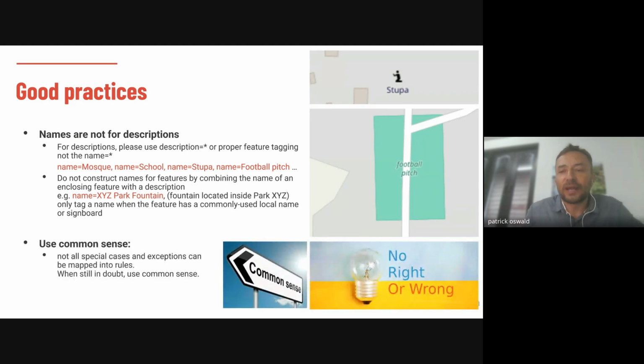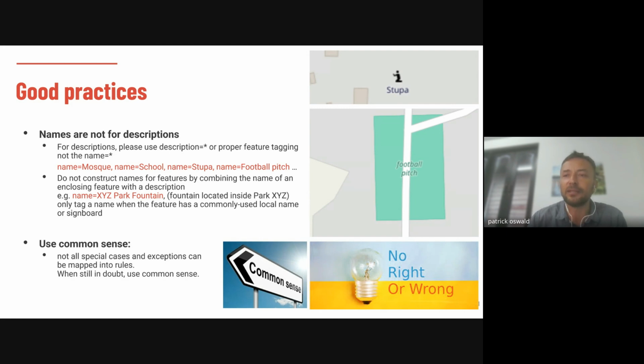Those are all good practices. And in general, also if you read the OSM wiki and the recommendations, not everything can be put in a fixed hard rule. That's why I was saying good practices. So when in doubt, you still should use common sense.